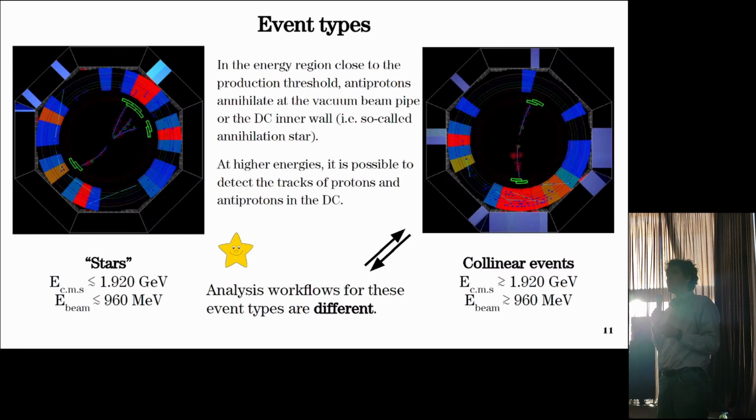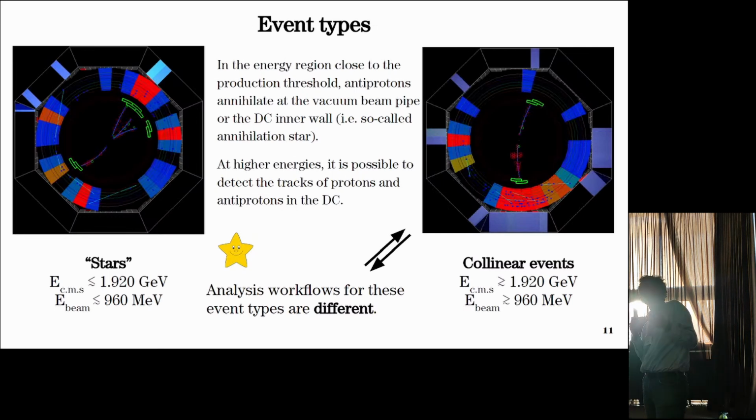But there is another region, so-called collinear events, where the antiprotons are hard enough to pierce through the material and leave distinctive tracks in DC. Later I'll call this type of events stars, and this type collinear events.